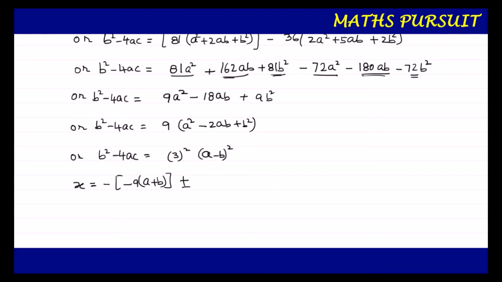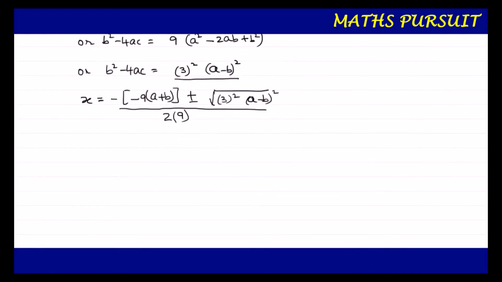So b square minus 4ac, we got 3 to the power 2 into a minus b to the power 2. So the root over of 3 to the power 2 into a minus b to the power 2, upon 2a, 2 into 9. The value of a is 9. So this is what we got now. Now let us solve this particular quadratic equation.